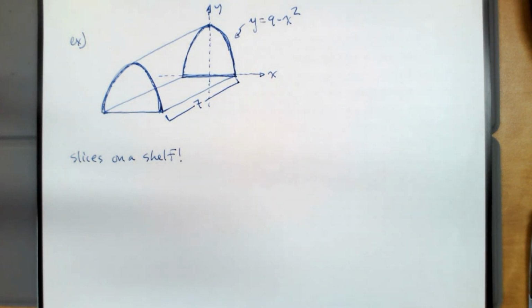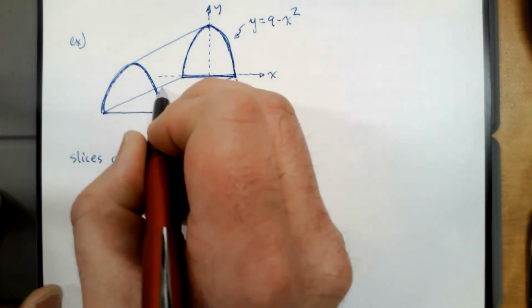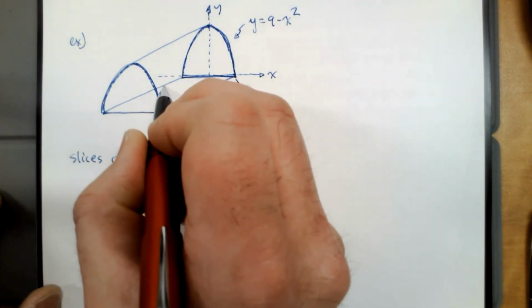So there are 2 ways we could slice, just like we had before. We could have sliced on a shelf, vertical slices, or we could have slices in a stack, horizontal slices. So the slices on a shelf will be, one of the slices will be a parabola.